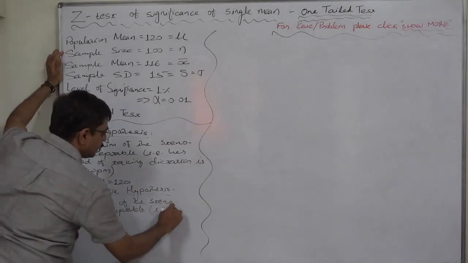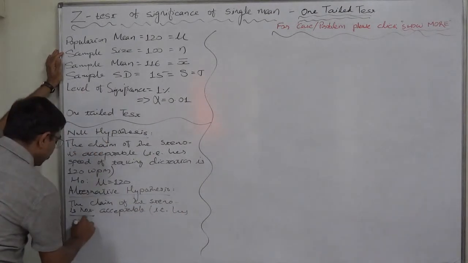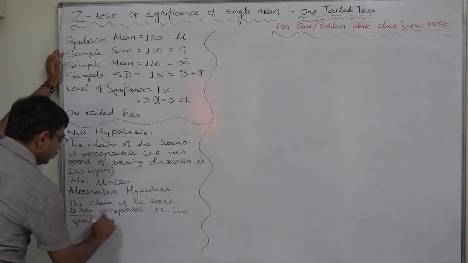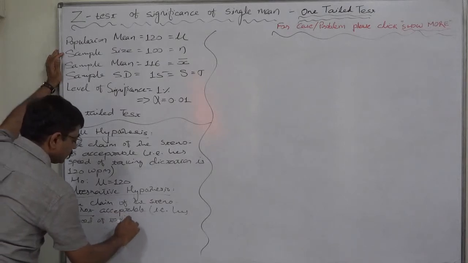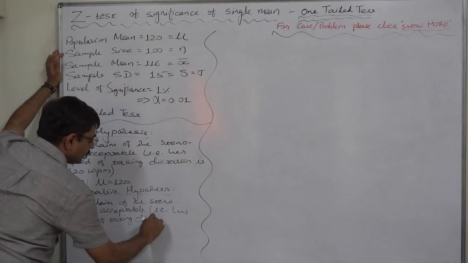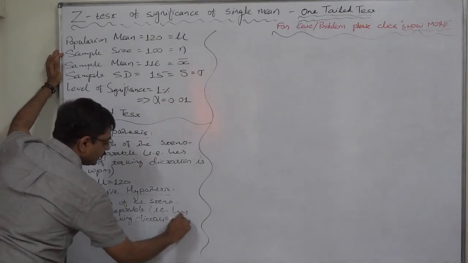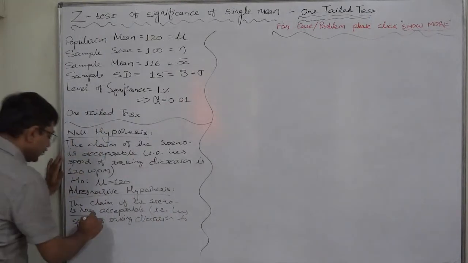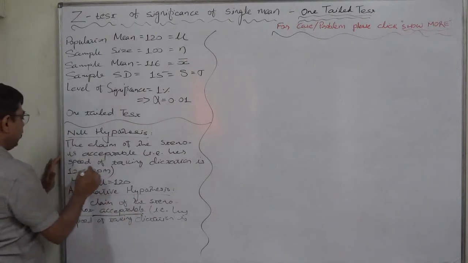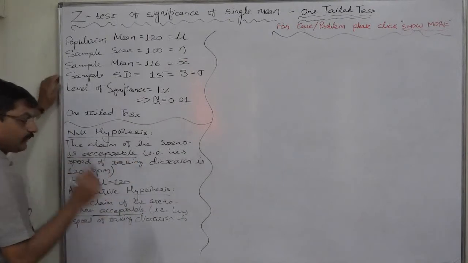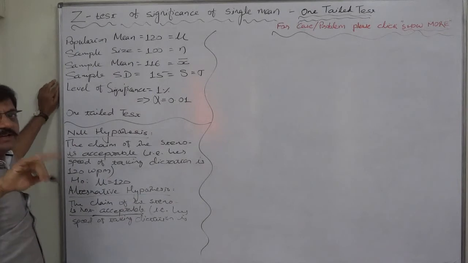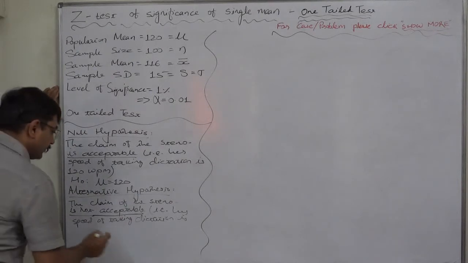That is, her speed of taking dictation is, yes, when can we reject or not accept her claim? If speed is less than 120. If it is greater than 120, we have no problem.